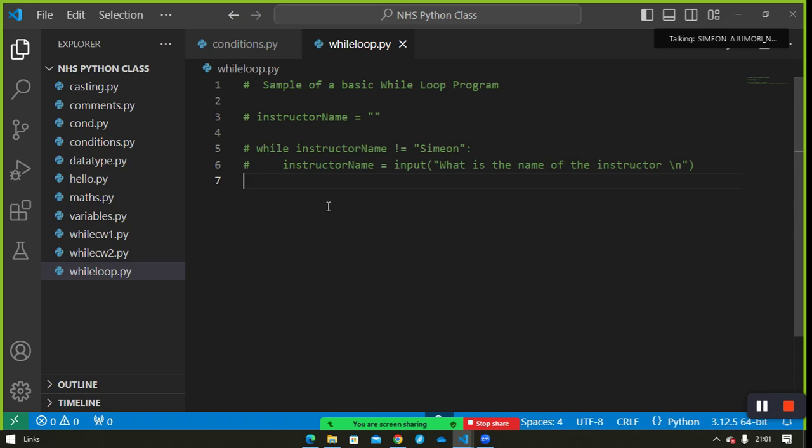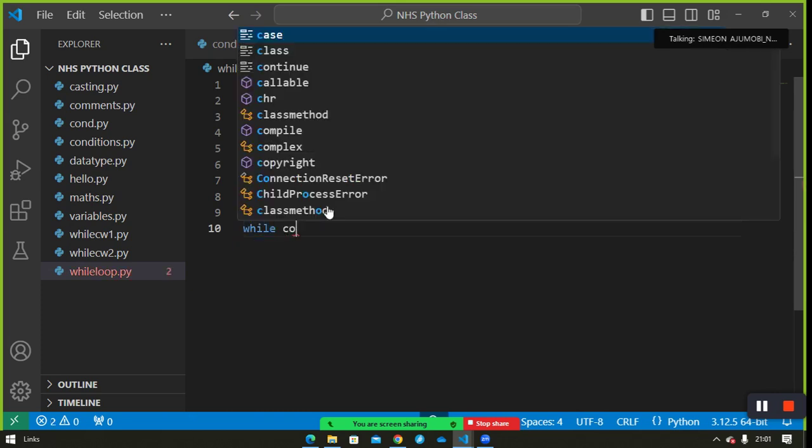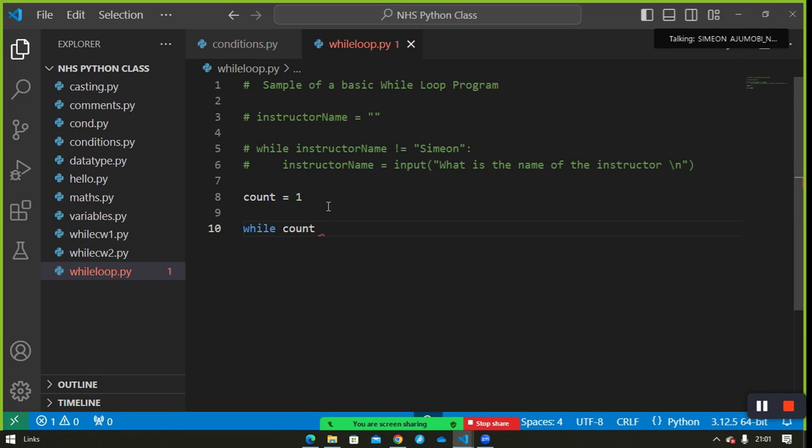All you just need to do is to create a variable by saying count equals 1. Count equals what? 1. Now say while count is less than or equal to, where should we count to? Is it to 100? Is it to 50?